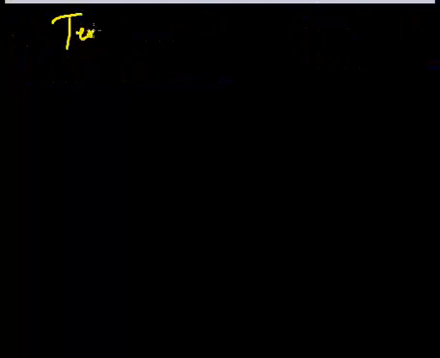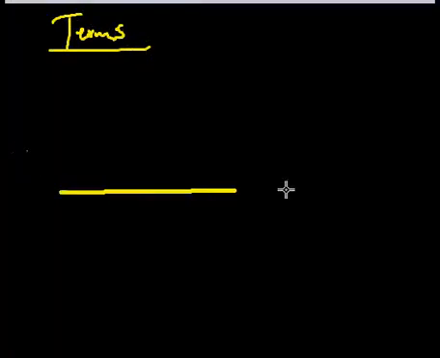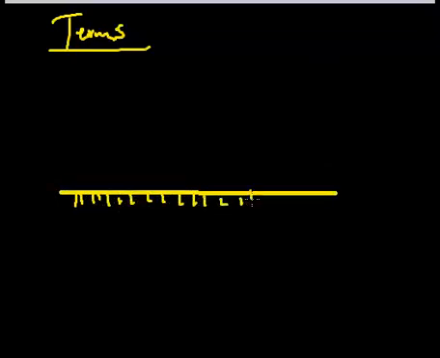So we are now going to look at terms that you need to know when it has to do with reflection. First of all, I draw my surface. I will be illustrating these terms one after the other, and of course I'll use a diagram, so you can just be writing it down.